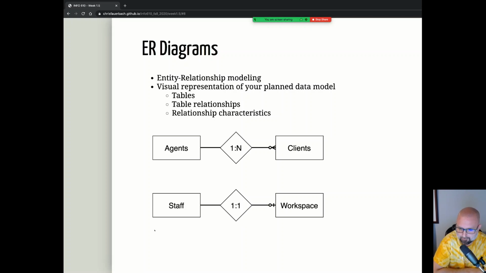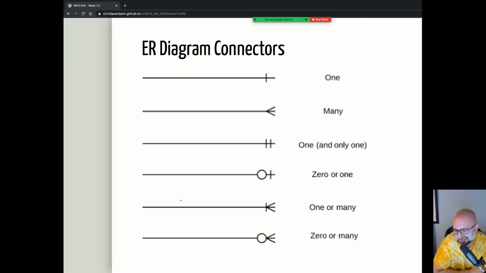I had a quick question about the connectors. Yep. What's the difference between using the one and the one and only one? So one and only one means it's a required relationship. So let's imagine we were modeling a person. So I am a person.